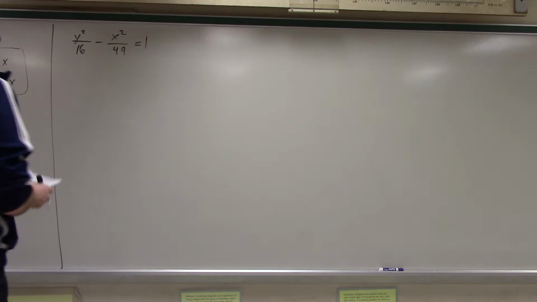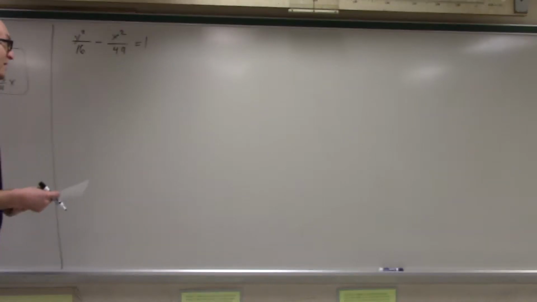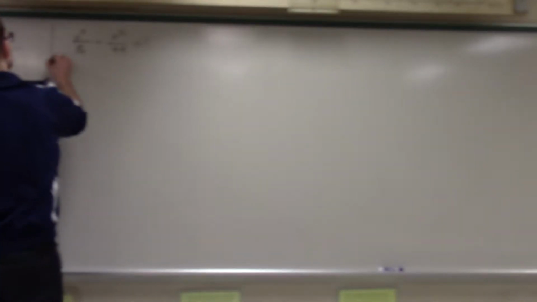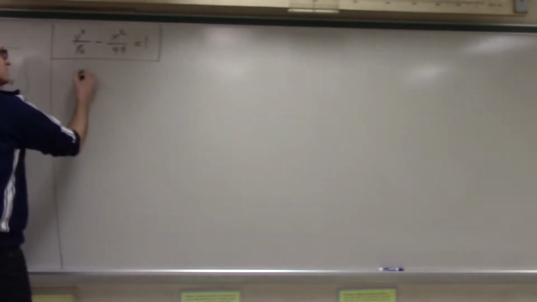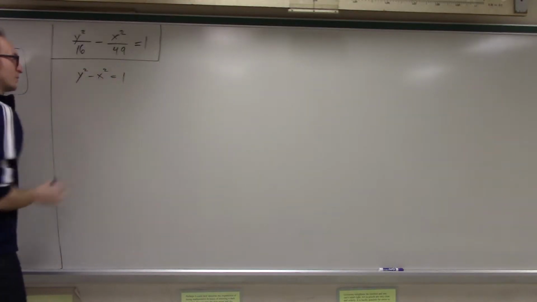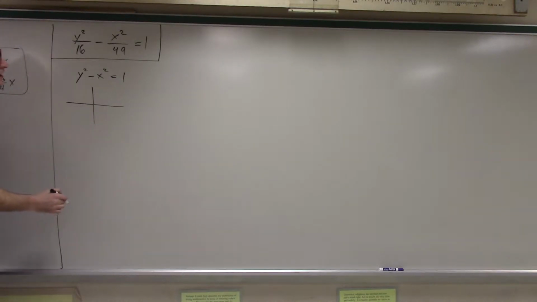Okay, let's do it. Well, first of all, what's going on here? This is a kind of y squared minus x squared equals 1 hyperbola. And actually, if you want to be really smooth about this, you could first understand on a deep level what a y squared minus x squared equals 1 hyperbola looks like.